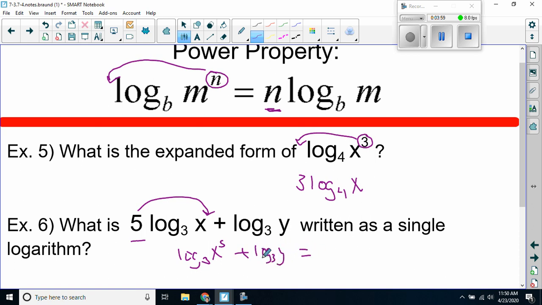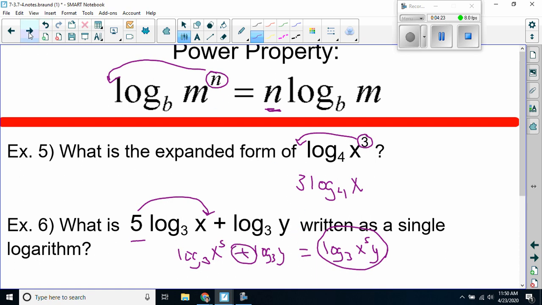And when I put that together, look in the middle, we are adding, so that means I'm going to multiply them. So that's log base 3 of x to the 5th times y, and that's my single log, okay? So again, if I were to go backwards, remember you're just going backwards with all the properties. So we would start by separating this into plus, and then we would move the 5 to the front, okay?